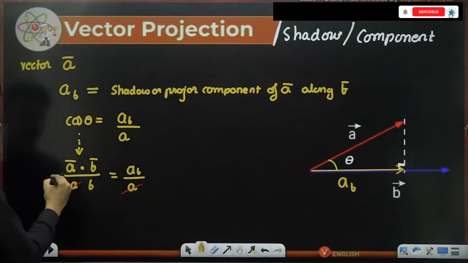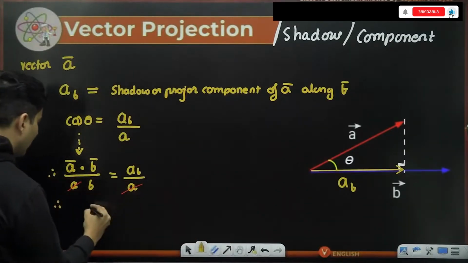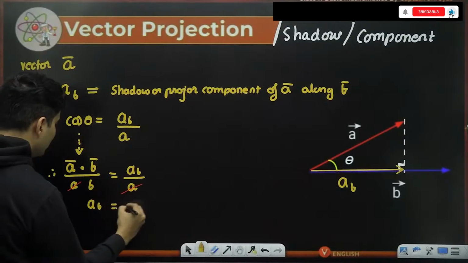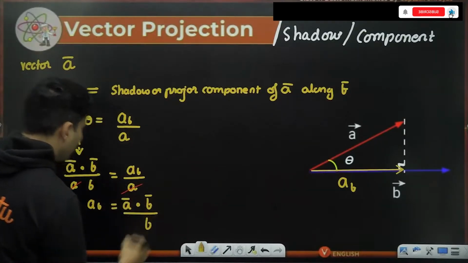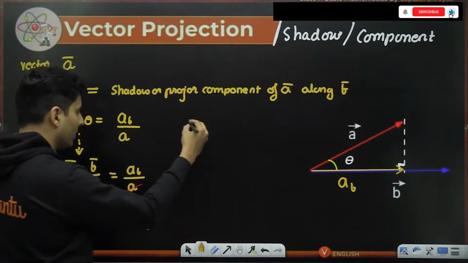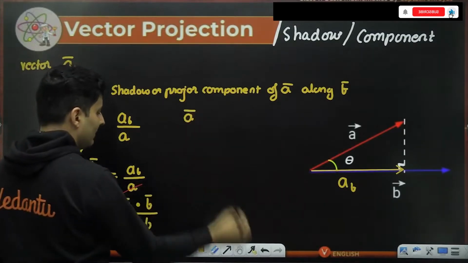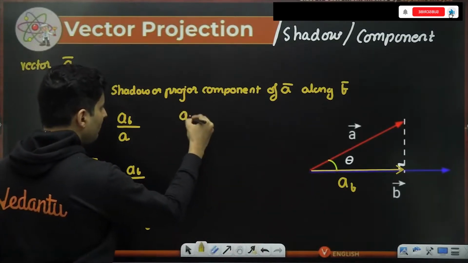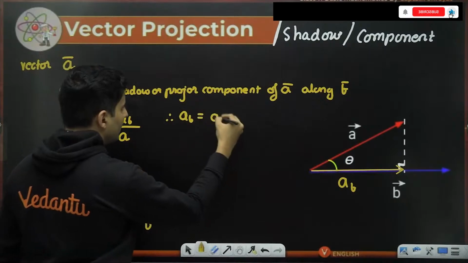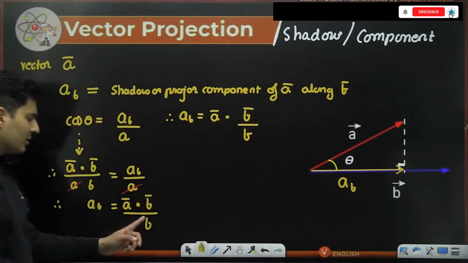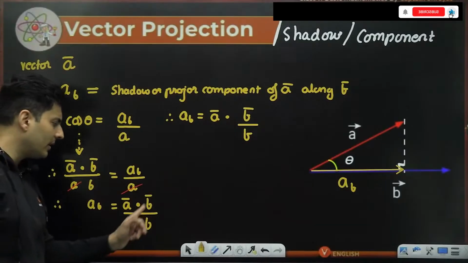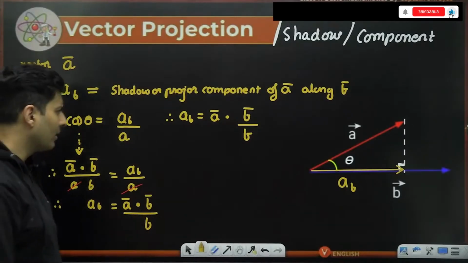Therefore, A of B is nothing but A dot B divided by B. But I'm not so happy about it, so I'll write it down as: therefore A of B is A vector dot B vector divided by B. So I put that denominator only under B, which is fair, nothing wrong in it.